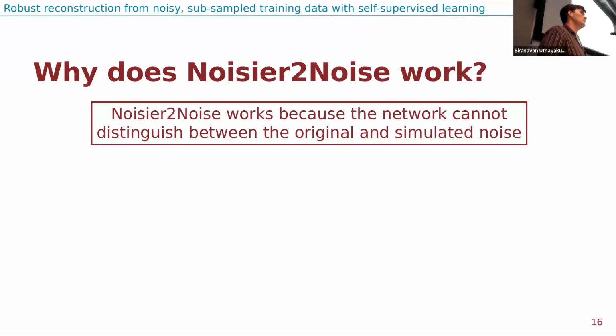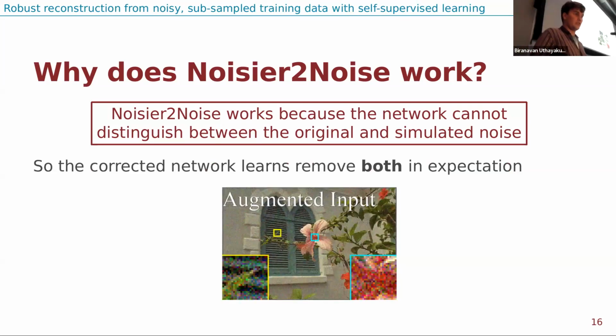Thinking more heuristically, why does noisier to noise work? It works because it's not possible for the network to tell the difference between the original noise and the further noise. So it learns to remove both in expectation.